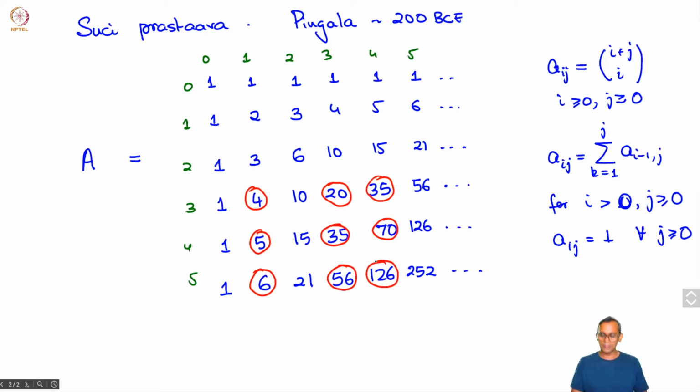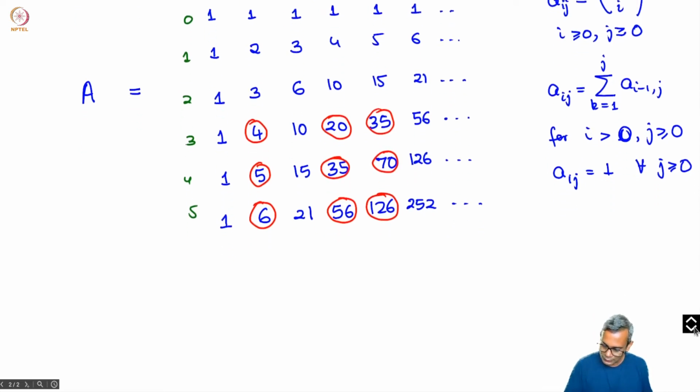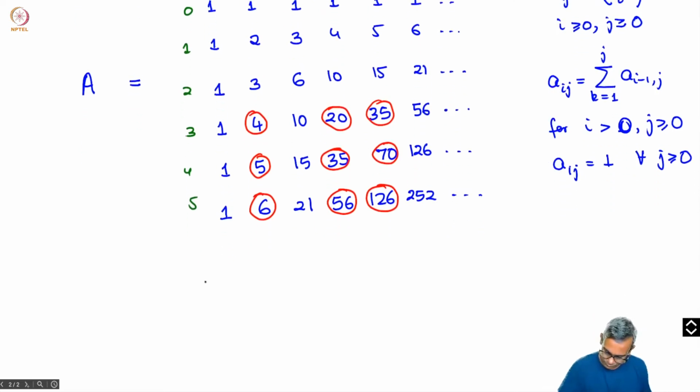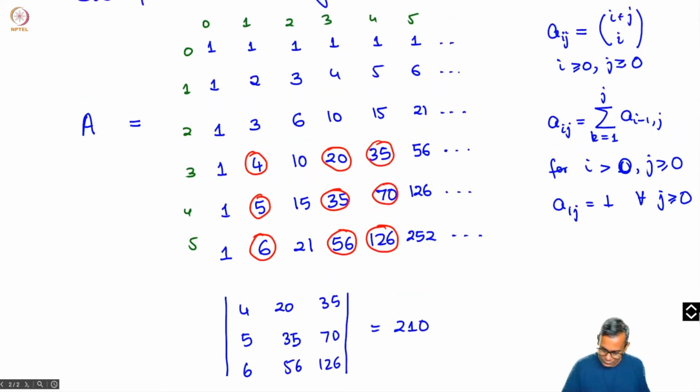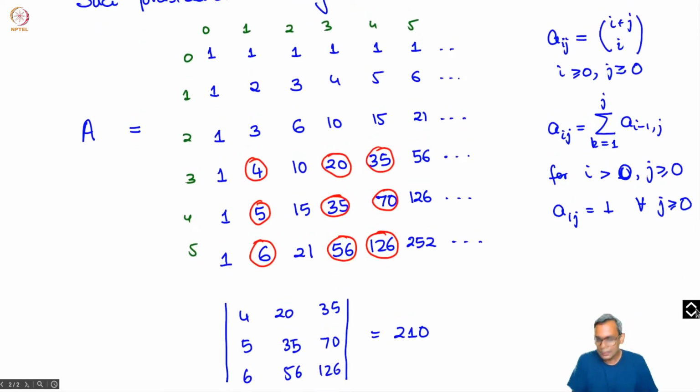This is just a minor of this infinite matrix, and it turns out that this determinant is 210 in this case. Well, this array, this Suchi Prastaara, has an amazing property that every minor of this matrix is positive.